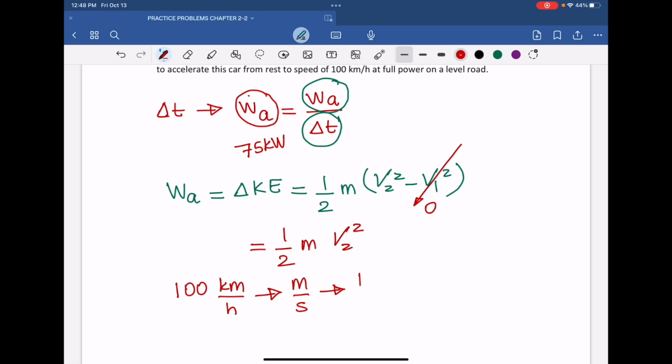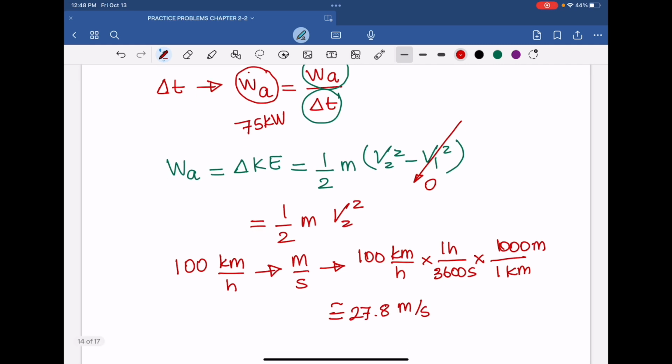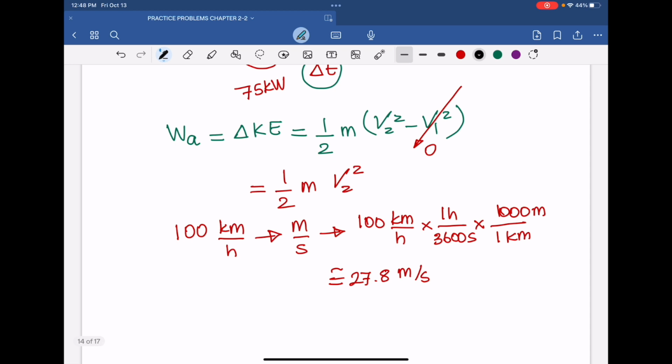Therefore, you need to, of course, multiply this with 1 hour is 3600 seconds and 1 kilometer is 1000 meters. So here you find approximately 27.8 meter per second. Okay, so now it is easier to work with.